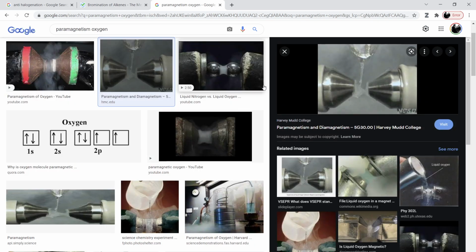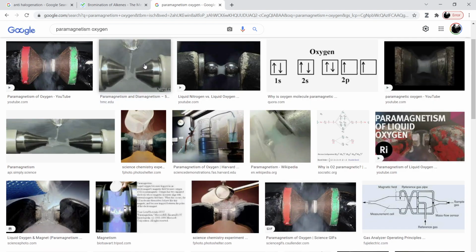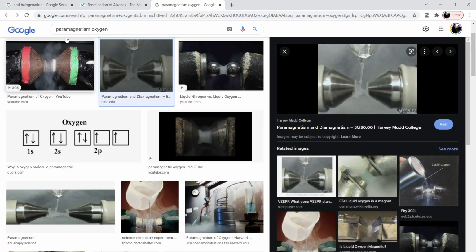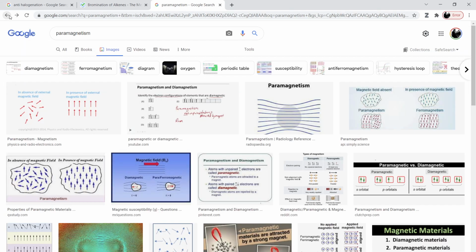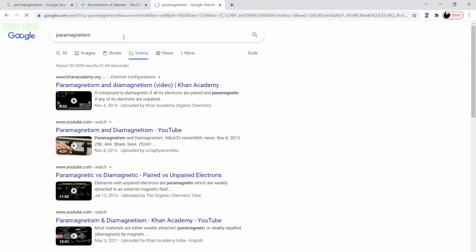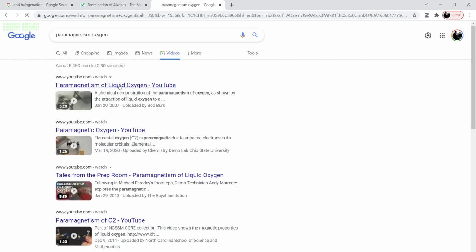So oxygen, this is an example of a paramagnetic substance. Let's see if we've got the actual video here. Let's go back and look at videos instead of images. Okay, here we go. Let's see what we've got here.